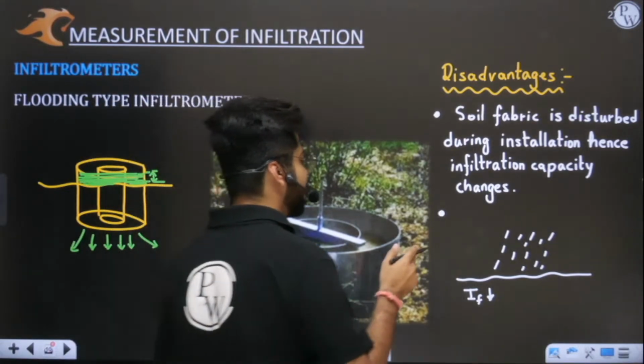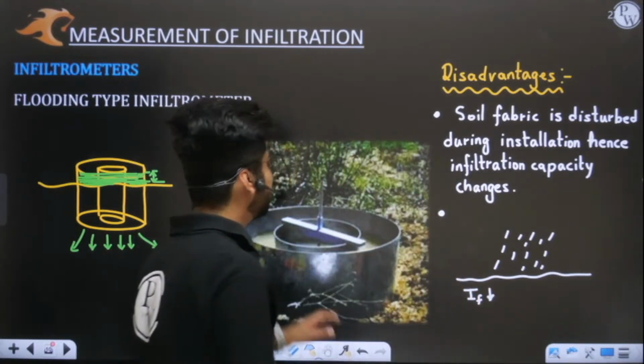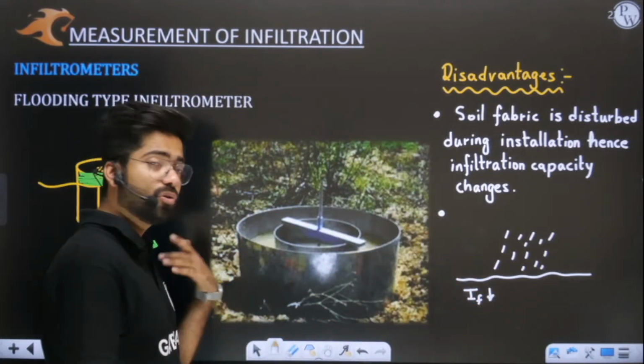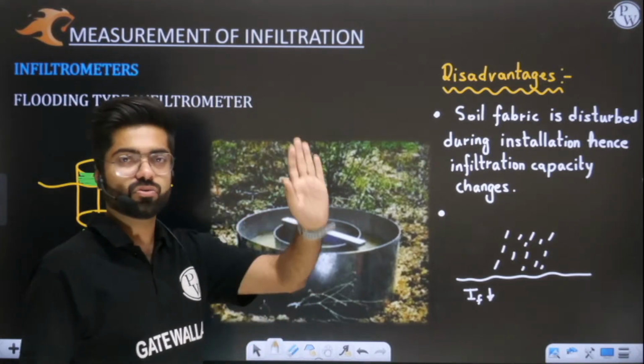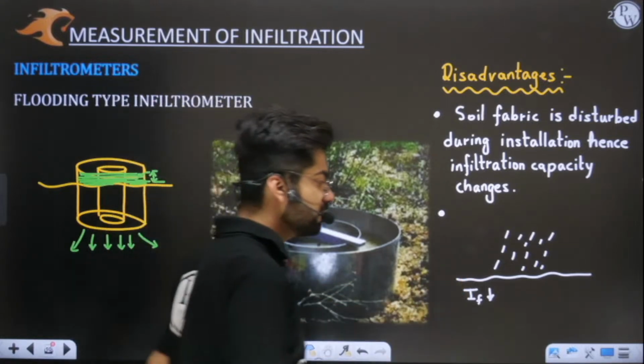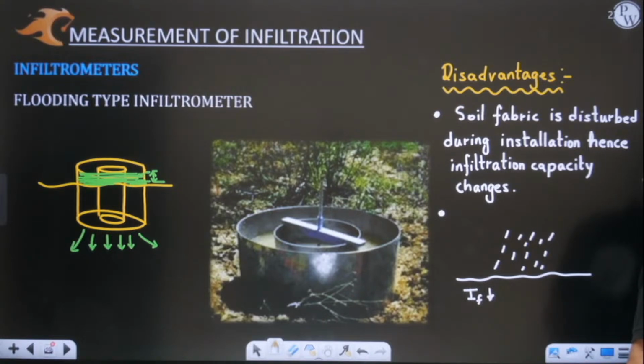If raindrop impact is here, then infiltration will be less. So obviously the value of infiltration which this will give will be more. Yes or no? Kindly comment. Is this thing clear? If they ask you in exam whether flooding type infiltrometer will give you more value of infiltration or less value, what will you say?